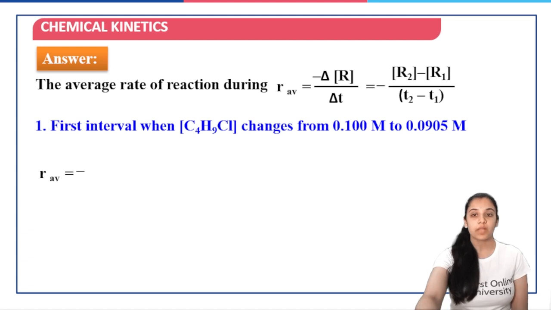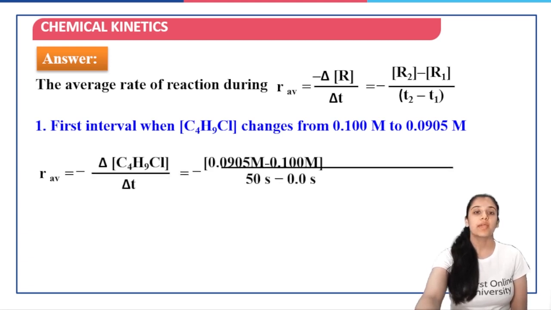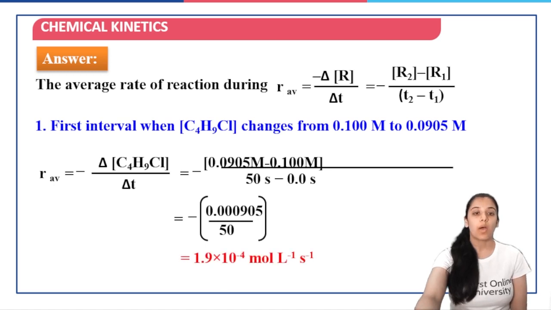So R average will be equal to minus of 0.0905 minus 0.1 upon 50 minus 0 seconds. Since the initial time is where we are starting the reaction, that is 0 that is given to us. So T2 minus T1, that is the data that you have to take from the table that is provided. So the answer would be 1.9 into 10 raised to power minus 4 moles per liter per second.